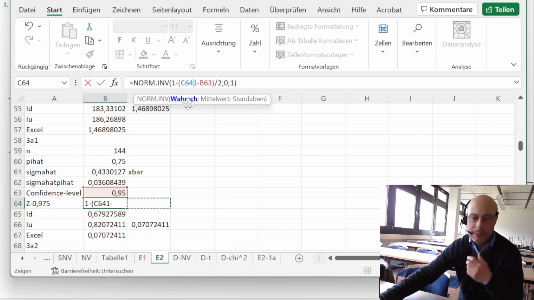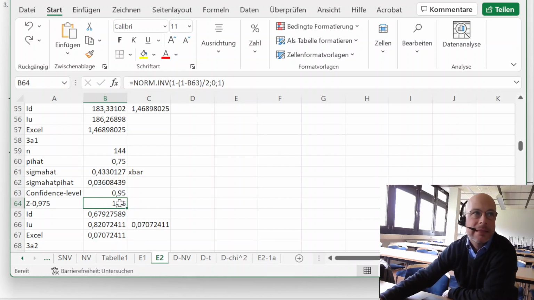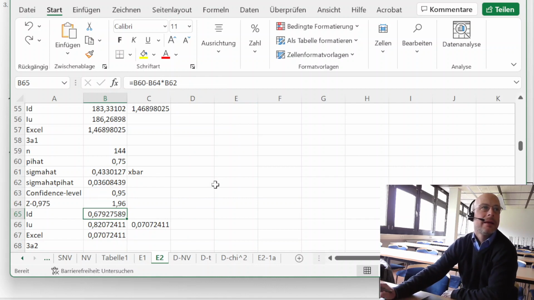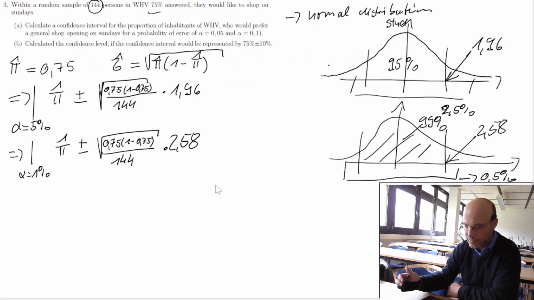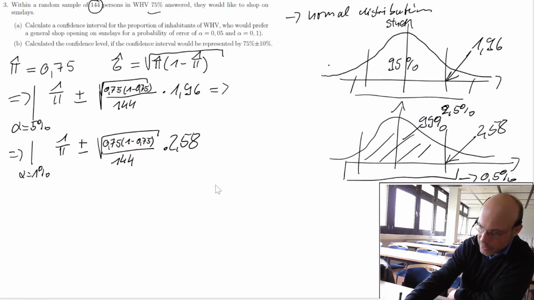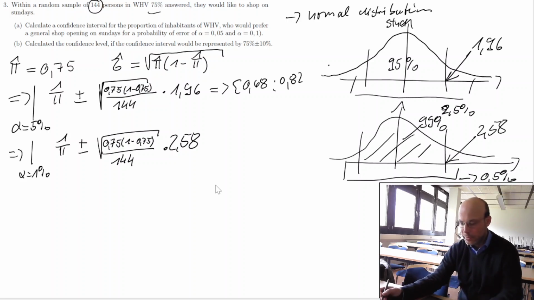Then we obtain, of course, also within Excel 1.96. And then we have the interval limits of 0.68 and 0.82. And this means 0.68 up to 0.82.